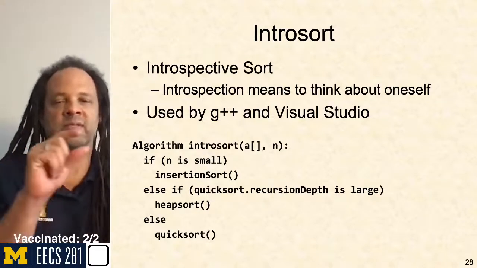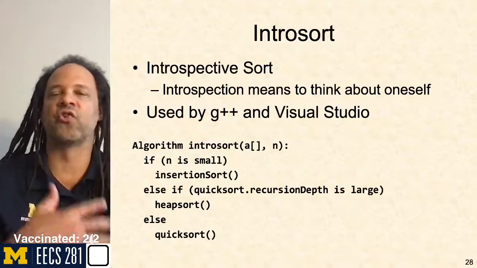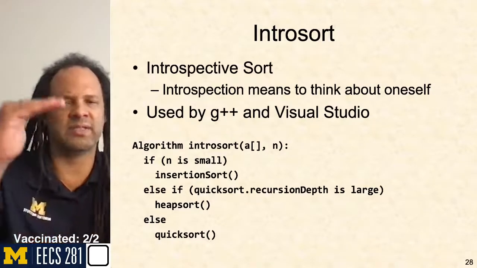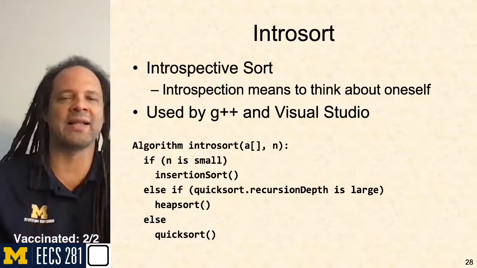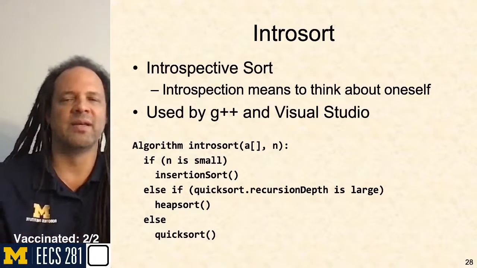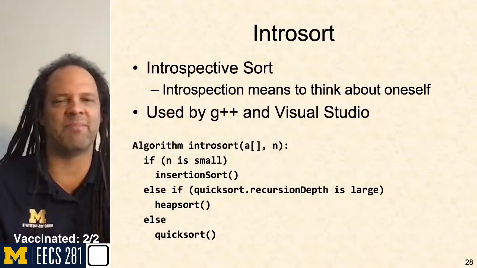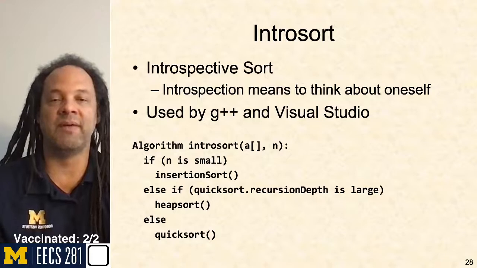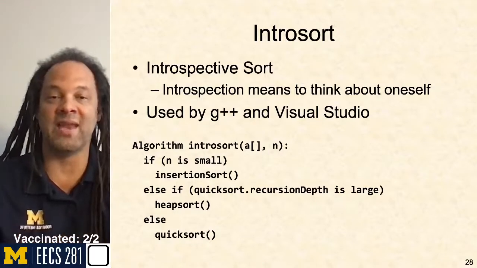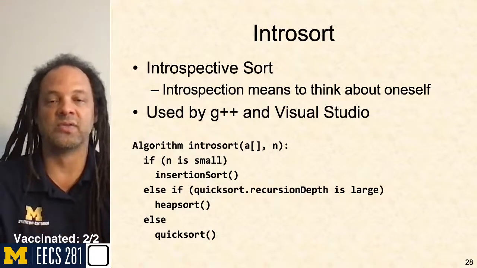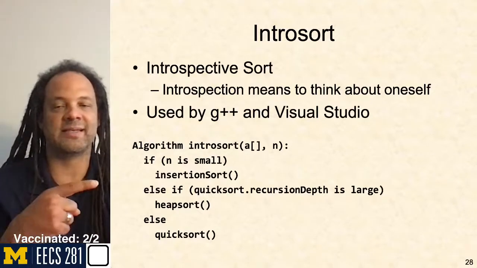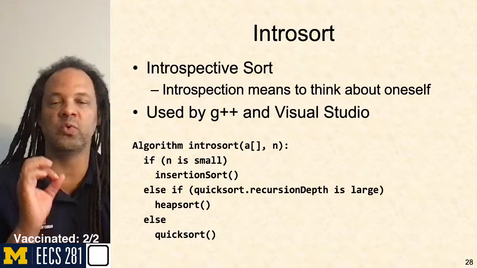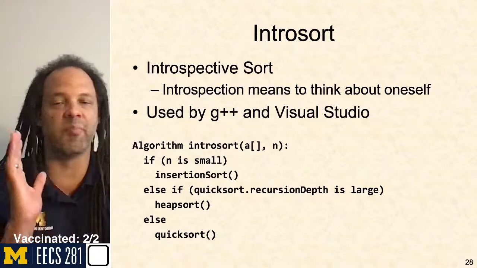So if we don't have a small amount of data, let's try to do quicksort. But we realize that if quicksort is getting too deep, because we're constantly picking a bad pivot, maybe the data is forcing us into bad pivot choices over and over again. The more often I pick bad pivots, the more likely I am to end up as n squared. So this next branch says, if the quicksort recursion depth is too large, then we're bailing out of quicksort.